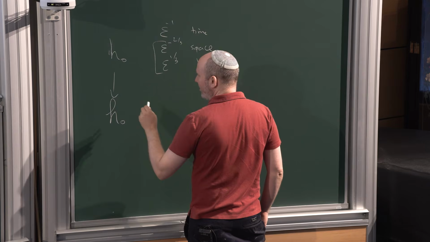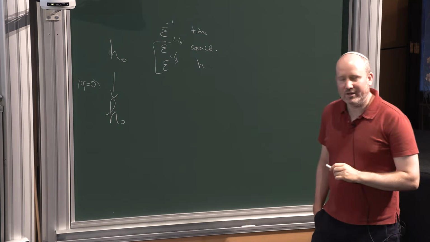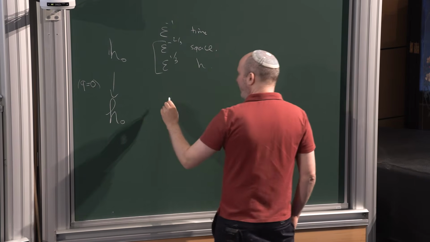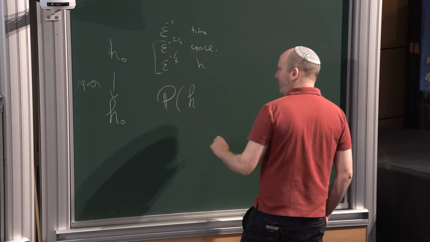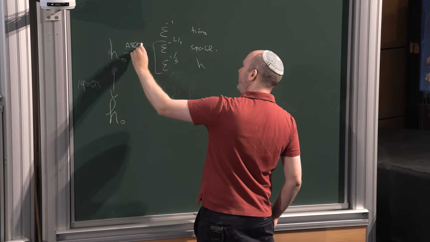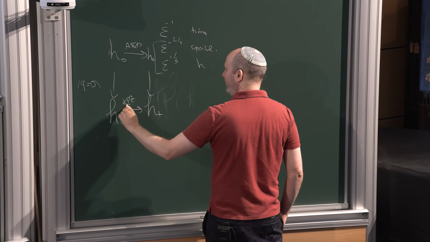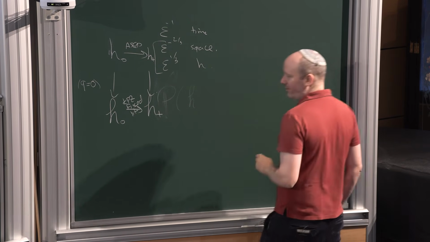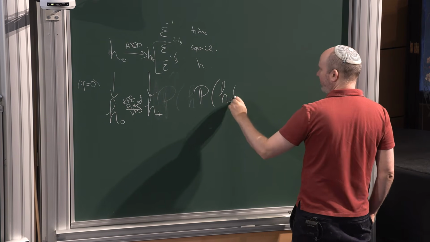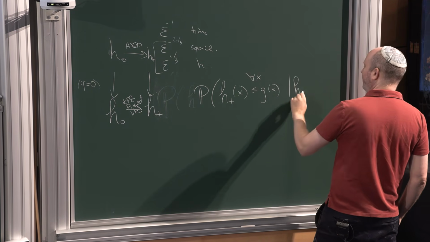Then what Quastel, Remenik, and Matetski showed was that in the case of q equals 0, so this was for TASEP, if you have an initial data that converges to something, let's say something deterministic, they were able to show that the ASEP evolution H_t converges to some process, which is called the KPZ fixed point, some Markov process, which can be defined by its transition probability: the probability that the KPZ fixed point at time t, at x, is less than or equal to some g of x for all x, given the h_0 value.